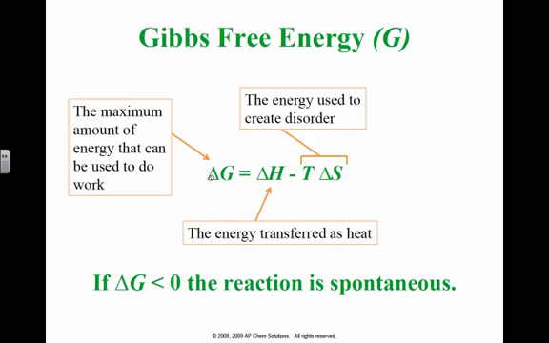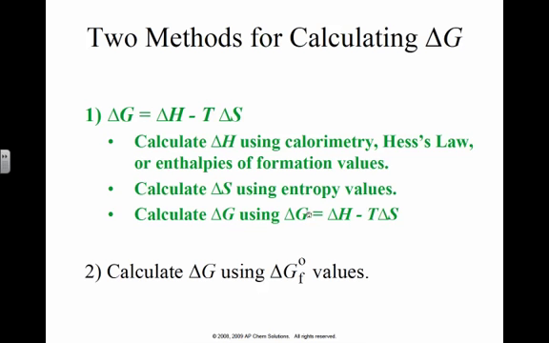So the maximum amount of energy that can be accomplished to do work is going to be your delta G, and it's based on the energy transferred as heat minus the energy used to create disorder. There's two methods that we could use to calculate delta G. This is the first one, delta H minus T delta S. How do we get delta H?